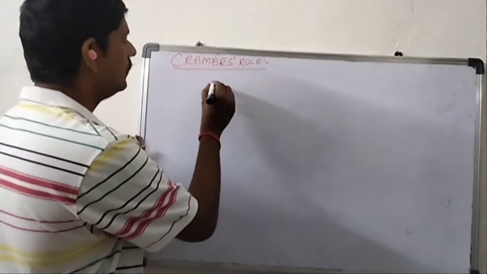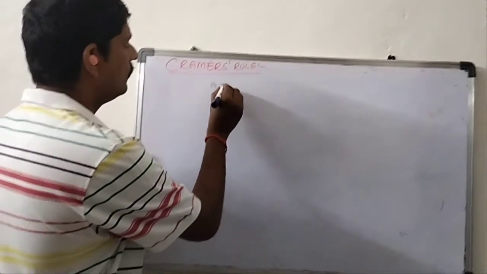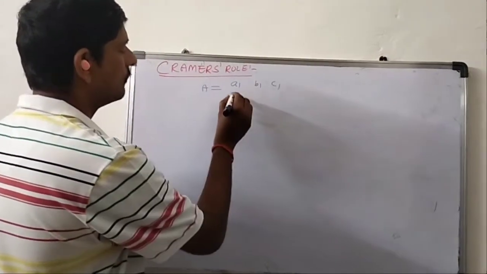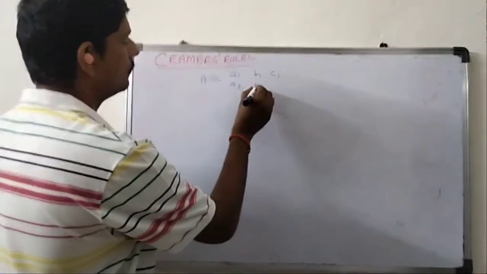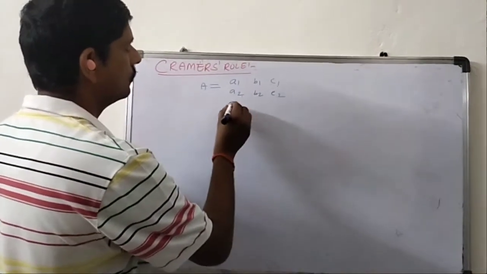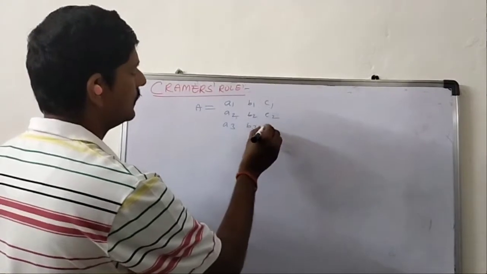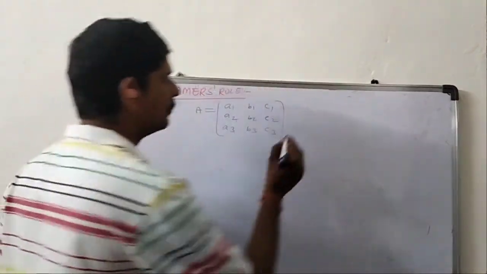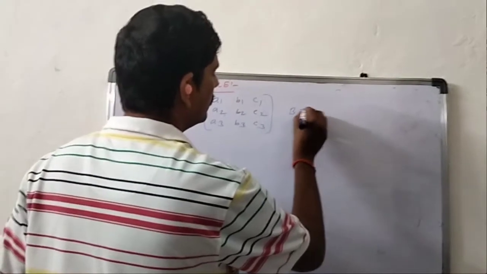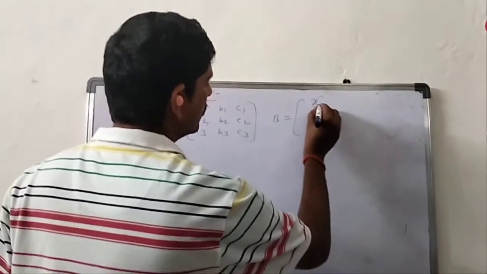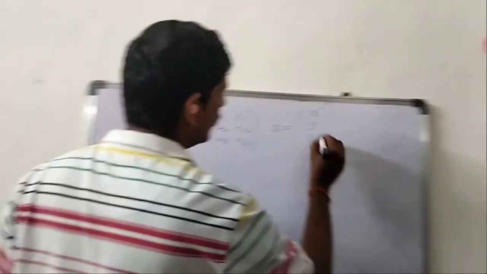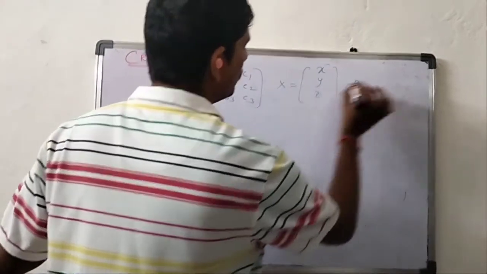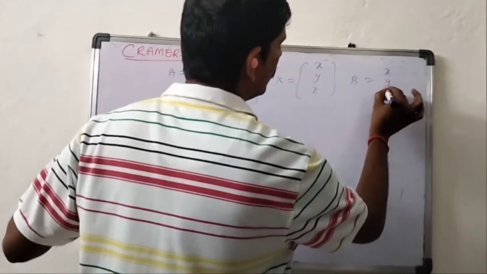In Cramer's rule, already we know this is the coefficient matrix A with rows a1, b1, c1, a2, b2, c2, a3, b3, c3. First I explain the method, how to do Cramer's rule. And X is equal to x, y, z, and B is equal to d1, d2, d3.